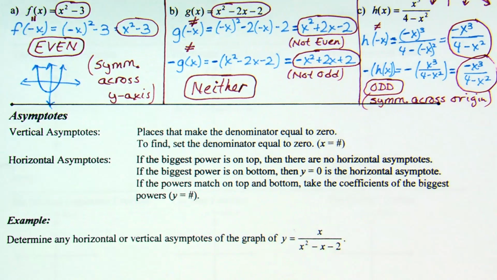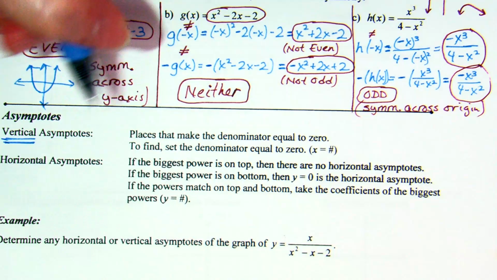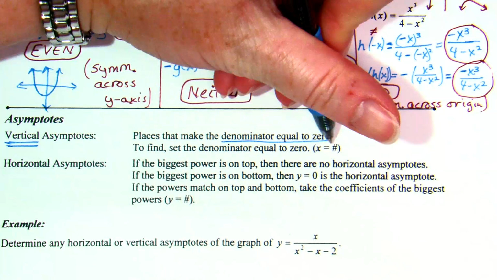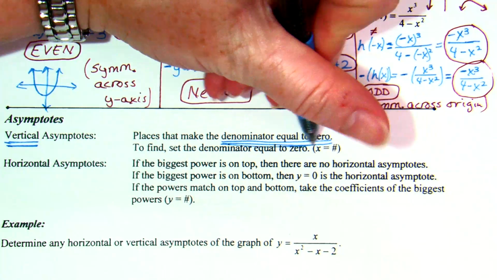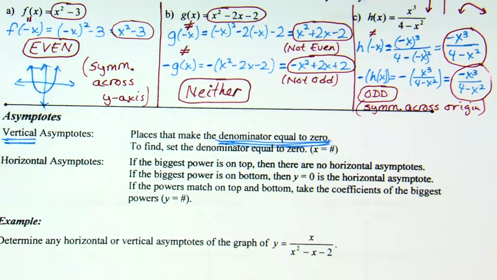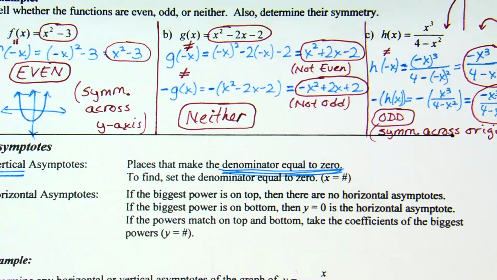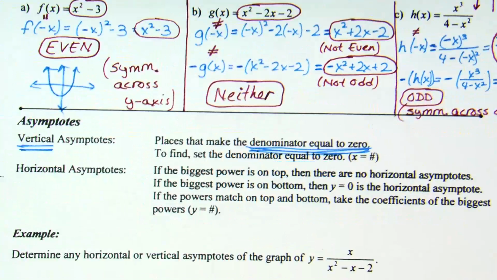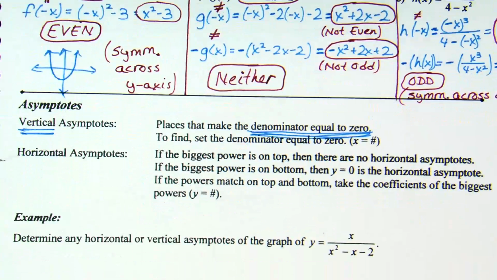Vertical asymptotes are any place that make the denominator equal to 0. Okay, denominator equal to 0. That's how you find a vertical asymptote. And so to find the vertical asymptote, we will set the denominator equal to 0.